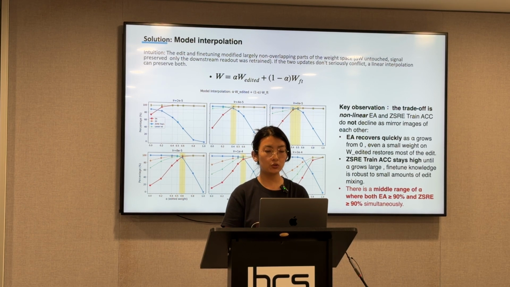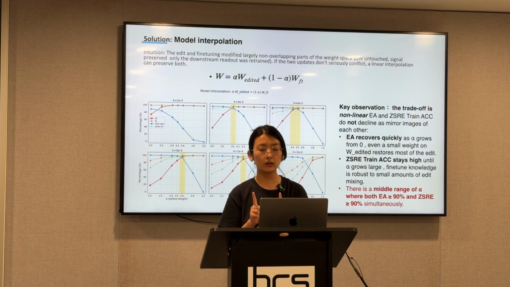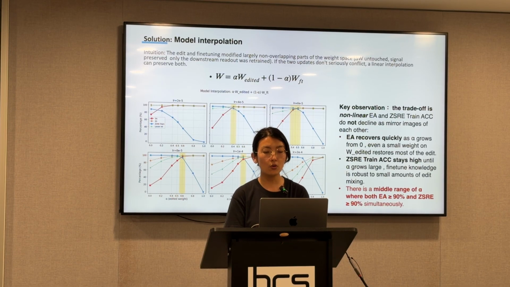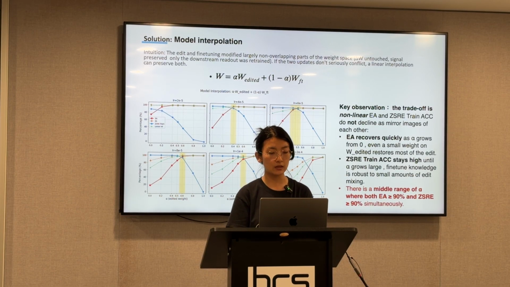So if the two updates don't seriously conflict, a linear interpolation can preserve both, I think. Therefore, we perform model interpolation with different alpha values, and also report the train accuracy and the three retention metrics at the same time.